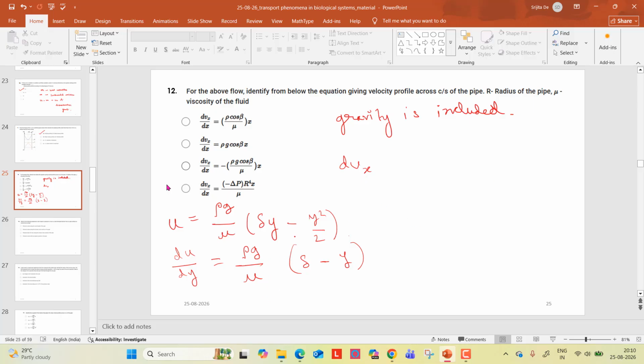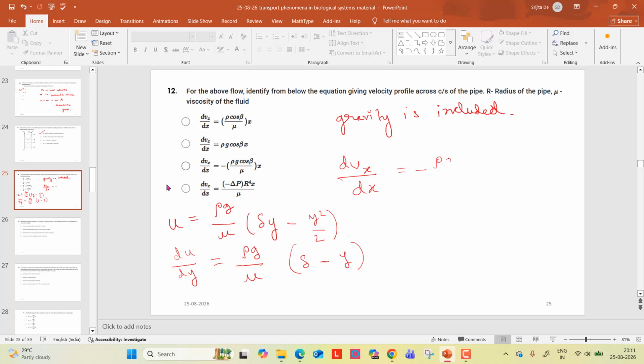So compared to this equation, we are finding this. This is the stress term dvx dx. So this is not the stress term though, but I think something is missing. There is something wrong in the question. So let it be. We can write it like this, and there will be a minus sign because it is going downwards.